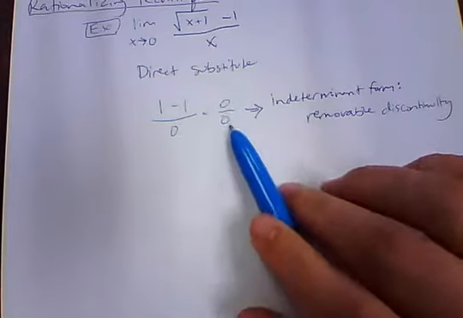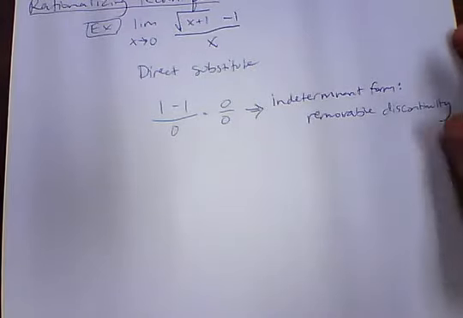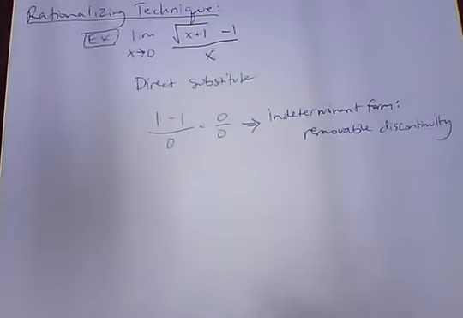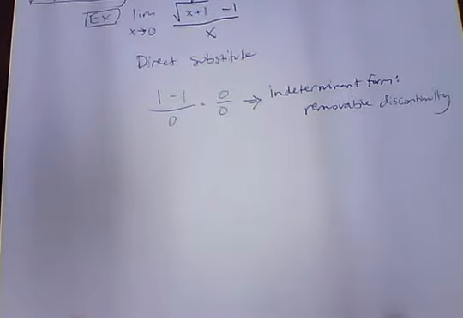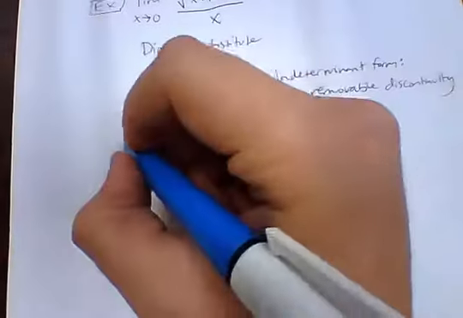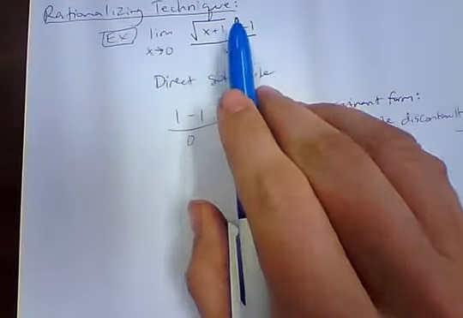That's our red flag that we have more work to do. That basically tells us that we're going to have to manipulate this original function in some way in order to get a new function that we can then take the limit of quickly. All right. So let's talk about how we could simplify this using algebra.